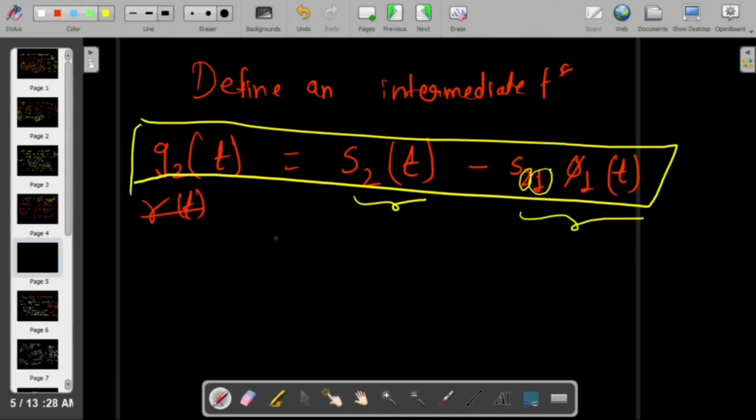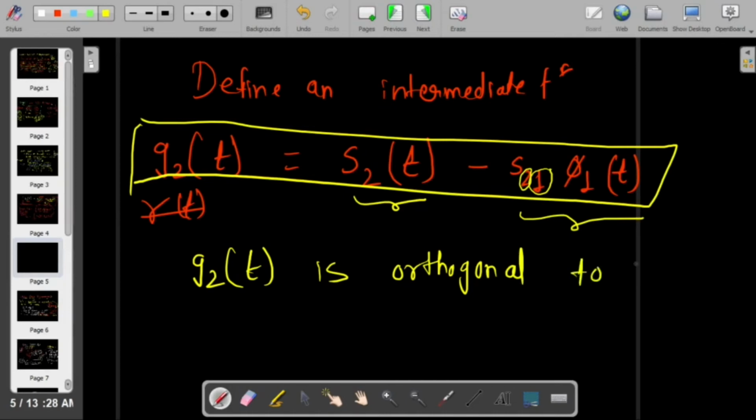So now we have g2(t), right? Now we need to verify whether this g2(t) is orthogonal. First let's verify orthogonality and then we will normalize it by its energy so that we get orthonormal. So first let's discuss orthogonality, because at the end what we want is phi 2(t).